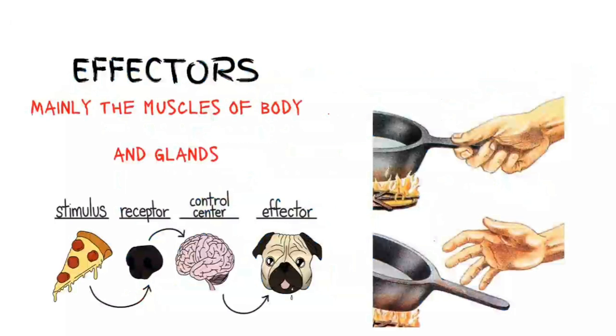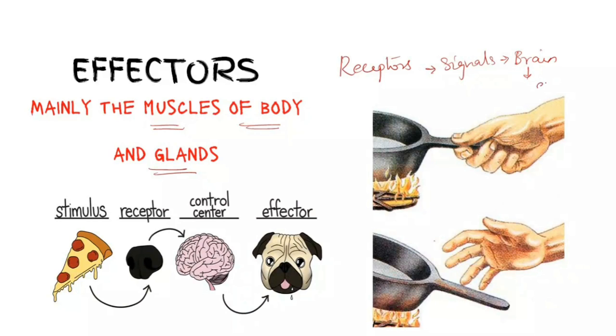Now, what are effectors? We have studied receptors. Receptors are present in your sense organs. Effectors are present mainly in the muscles of the body and the glands. Whenever you touch a hot object, you receive certain signals from your receptors, right? The receptor sends signals to the brain, and then from the brain it goes to the effectors.